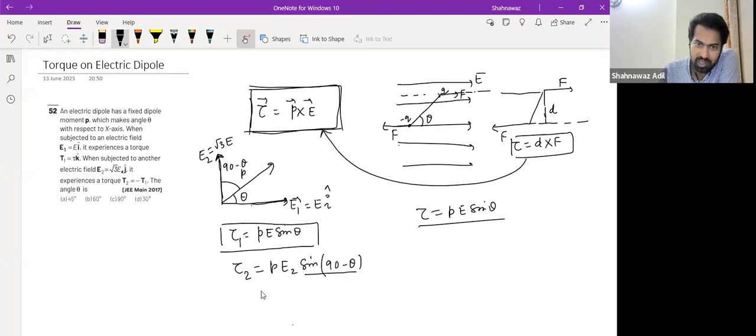So eventually this will be cos theta, but not P cos theta, because cos theta is the dot product, right? This came due to the angle which is 90 minus theta. So E2 is root 3 E and cos theta. Understood, Tariq?